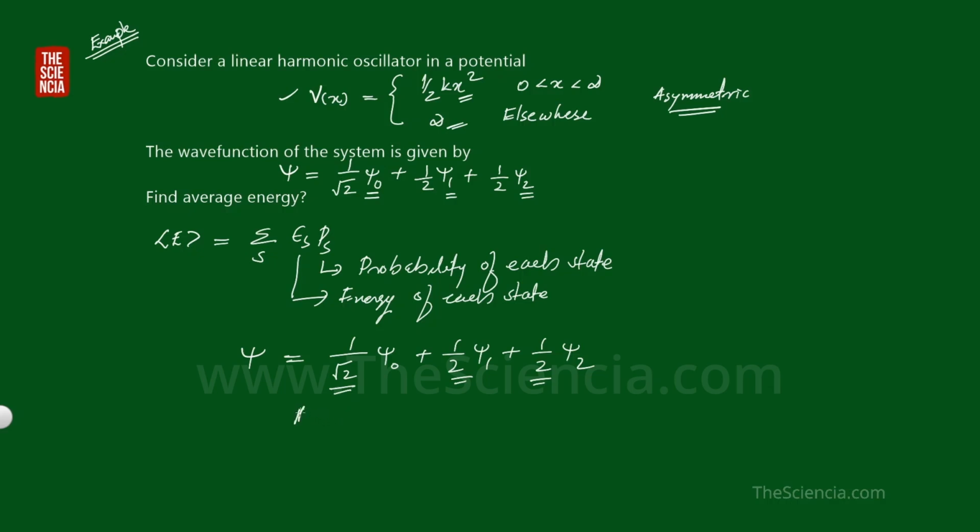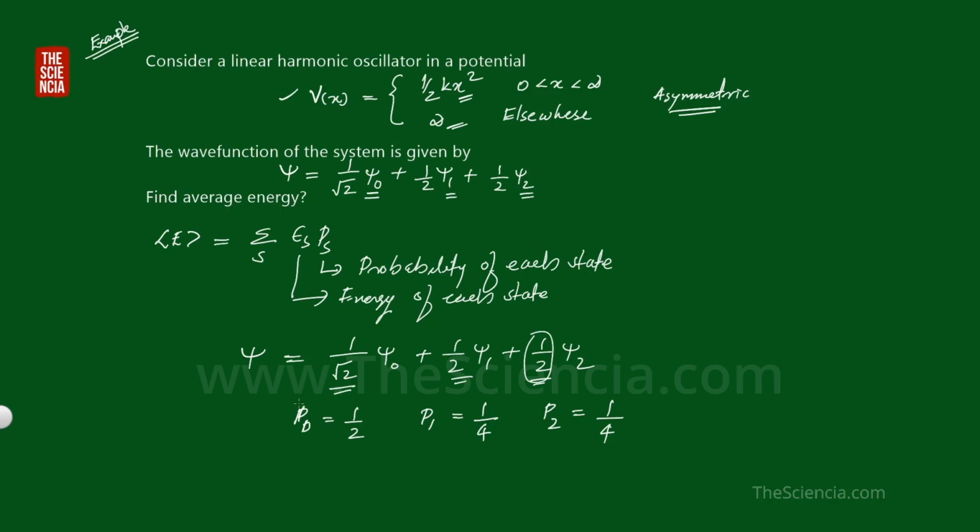That is, we get P0 equal to 1 by 2, P1 equal to 1 by 4 and P2 equal to 1 by 4. That is the square of the coefficient, right? So we got the probability of each state.